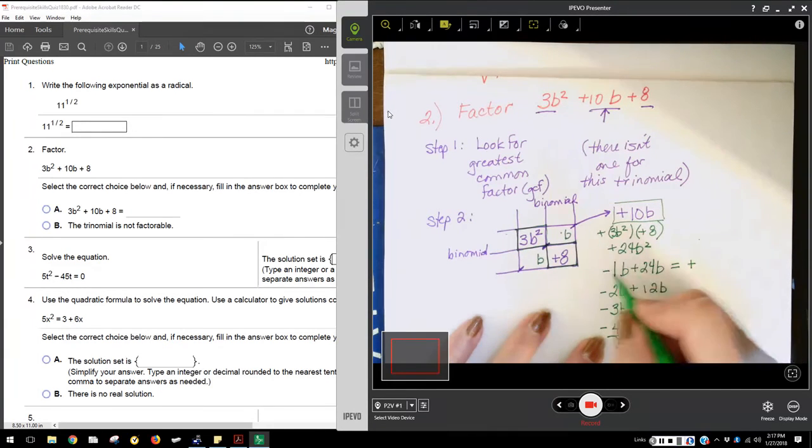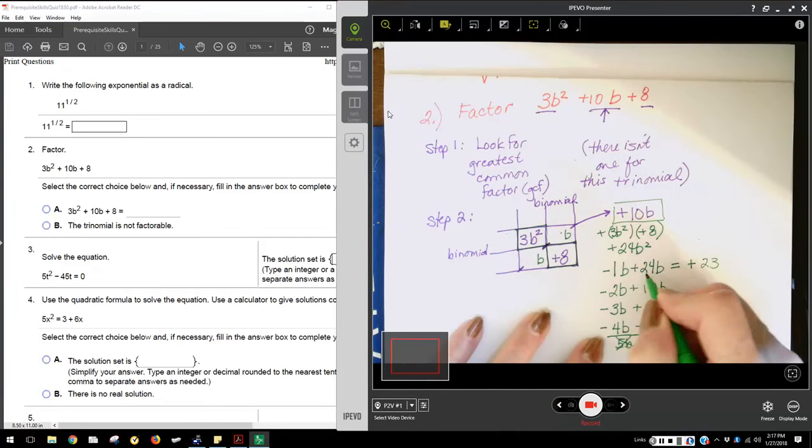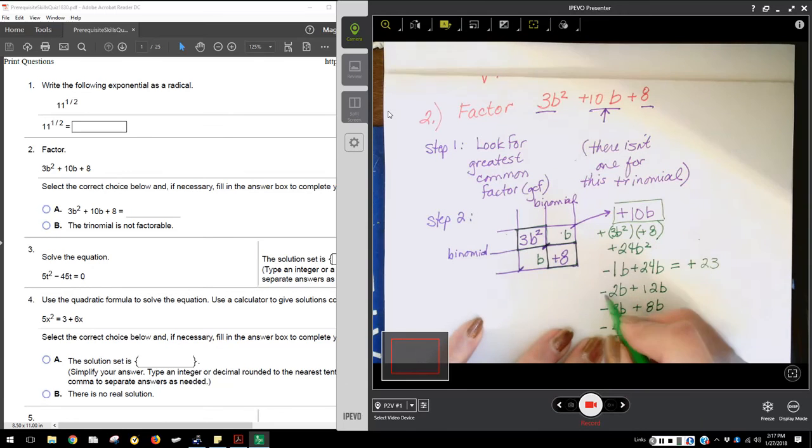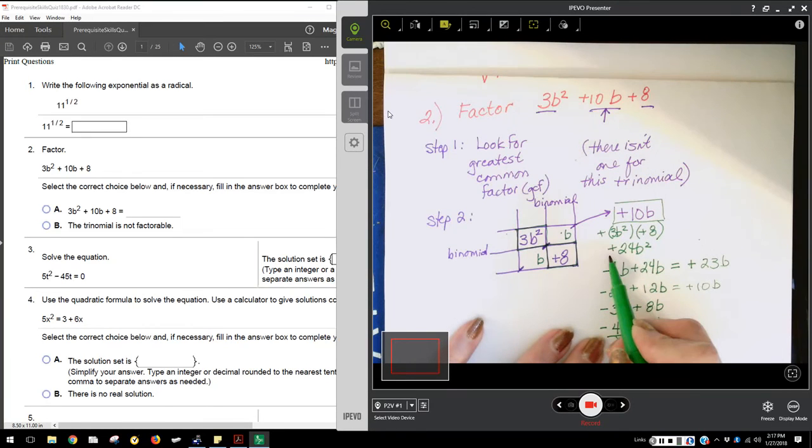Because negative 1 and 24 is going to be positive 23, but negative 1 times 24 isn't going to give me positive 24. And negative 2 plus 12 is going to give me positive 10. And of course, these all have b's. But negative times positive isn't going to give me a positive result.